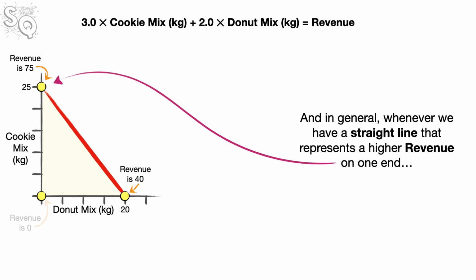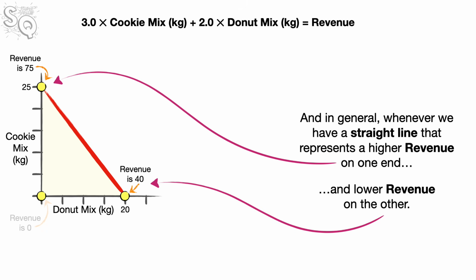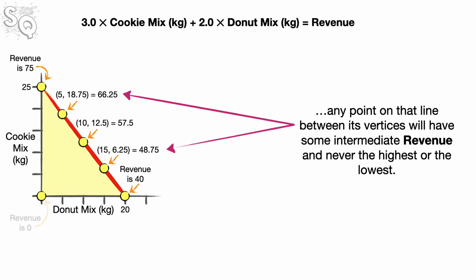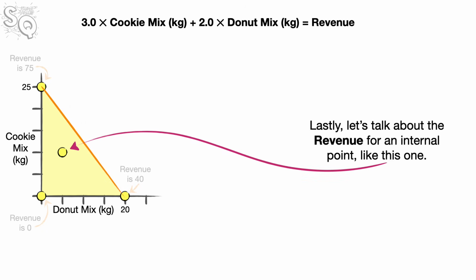And in general, whenever we have a straight line that represents a higher revenue on one end and a lower revenue on the other, any point on that line between its vertices will have some intermediate revenue and never the highest or the lowest. Lastly, let's talk about the revenue for an internal point like this one.